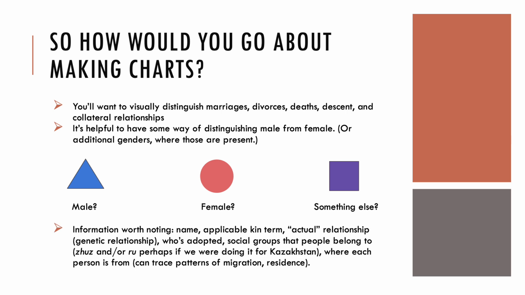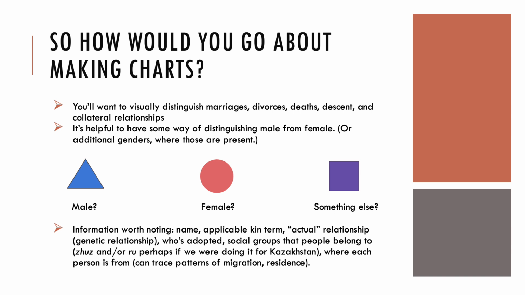And you might also want to add some additional information, such as the person's name, the applicable kin term, the actual relationship. There are some older scholars of kinship who talk about finding out, like, okay, so you call this person mother and you also call this other person mother, but which one is your real mother? Which sort of presumes that the kin system that a person is using is suspect and not real.